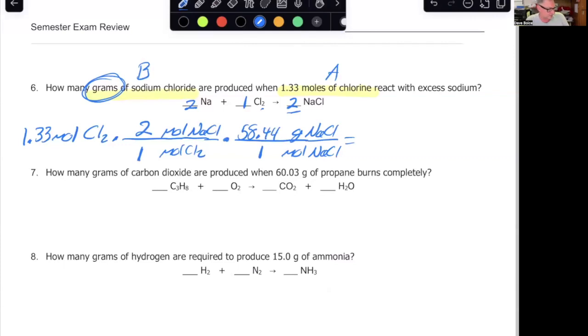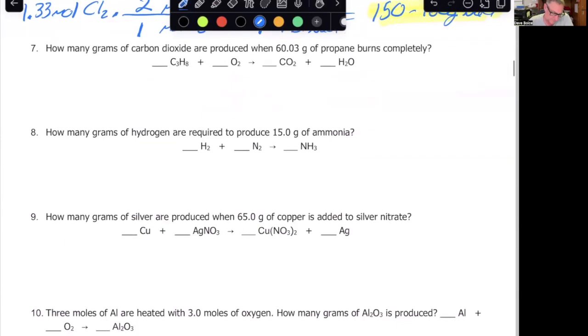And so 1.33 times 2 times 58.44 is going to equal something between 150 and 160 grams of NaCl, and you'll be able to figure that out with your calculator. The important part is how to do it, and we are moving right along.